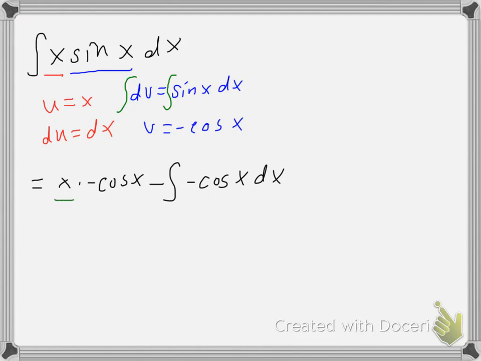So right here, this is my u, this is my v, so that's the product, and then minus the integral of v times my du, which is simply dx.